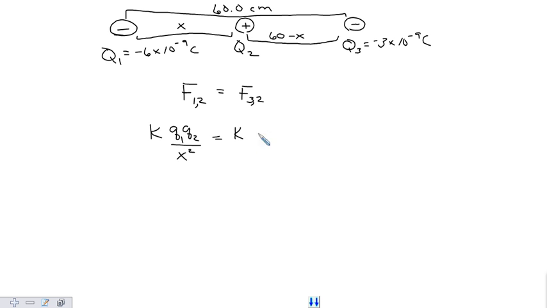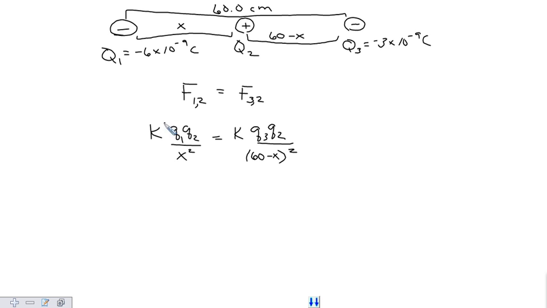Then constant, charge of 3 times charge of 2 over distance between them, which is (60 minus x) squared. So now if I solve for x, I know the distance away from Q1 that I have to put particle 2 in order to be in equilibrium.